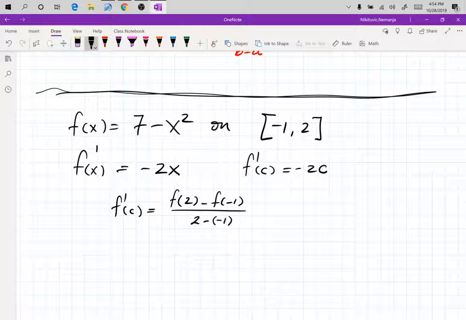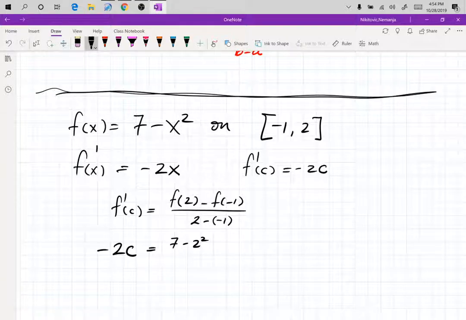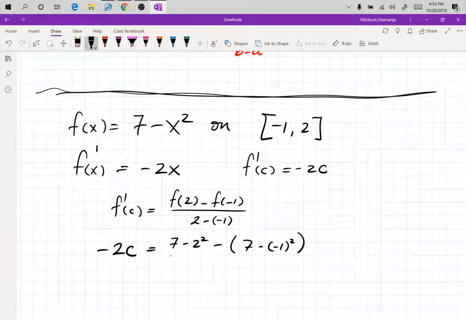So f prime of c is negative 2c. F of 2 is 7 minus 2 squared, minus 7 minus negative 1 squared, divided by 2 plus 1.